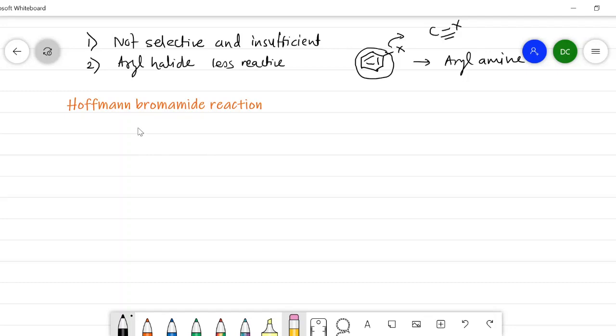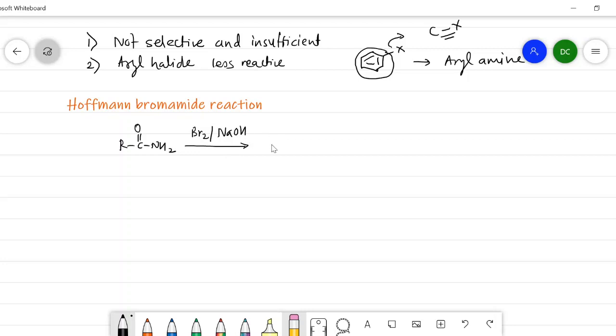In the Hofmann bromamide reaction, the unsubstituted amide, that is RCONH2, in other words the primary amide, is treated with an alkali and bromine, that is Br2 and alkali. Here the alkali may be NaOH or KOH. I will write here NaOH.